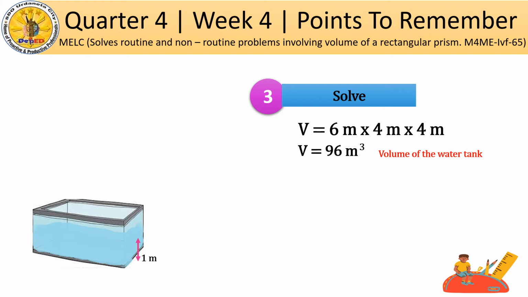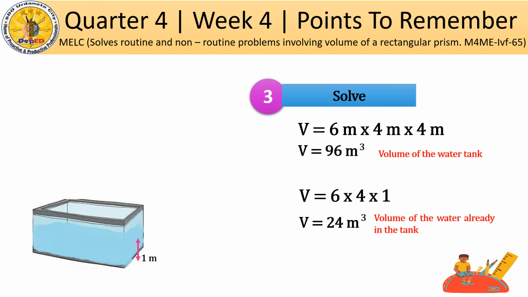Then using the same formula, we have 6 meters times 4 meters times 1 meter, which is equal to 24 cubic meters. So the volume of the water already in the tank is 24 cubic meters.